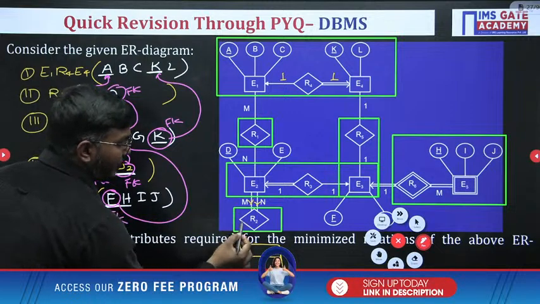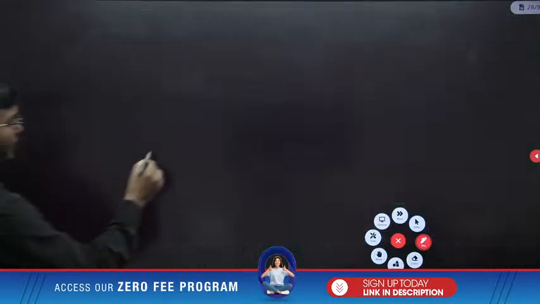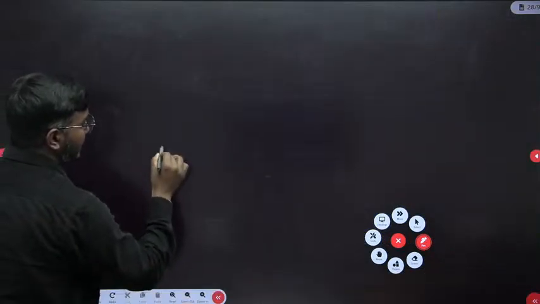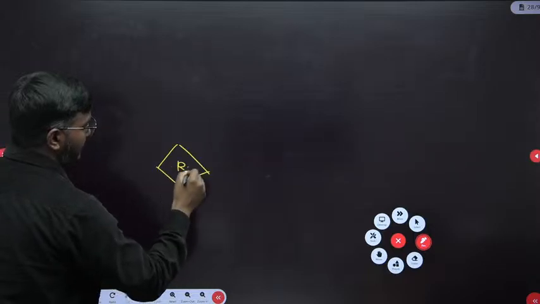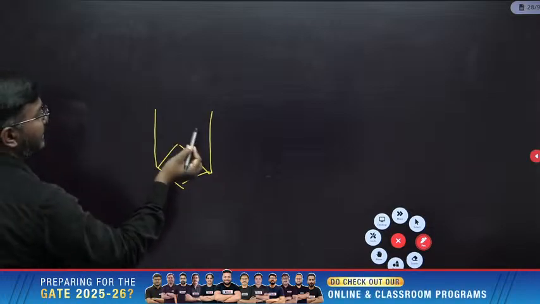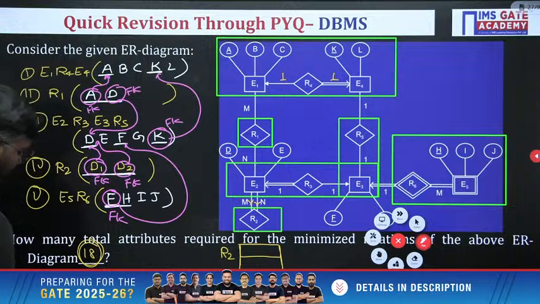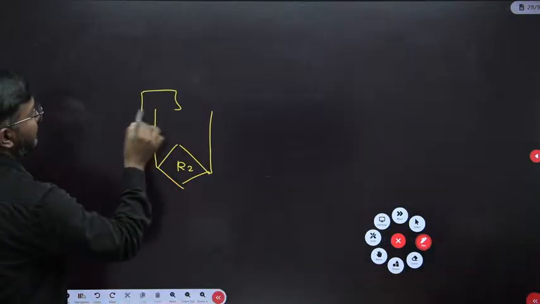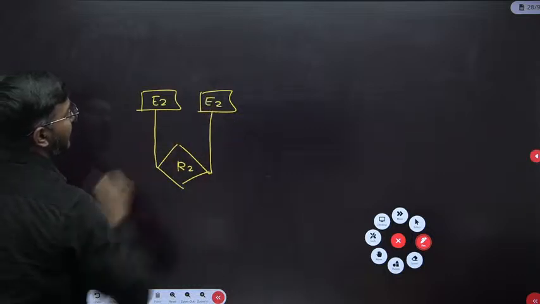Similarly, for this R2, let me write it here. Let's assume this is our relation R2. Now the only thing is the entity set is self-referential. It means both sides the participating entity is the same, here we have E2 and here also E2.